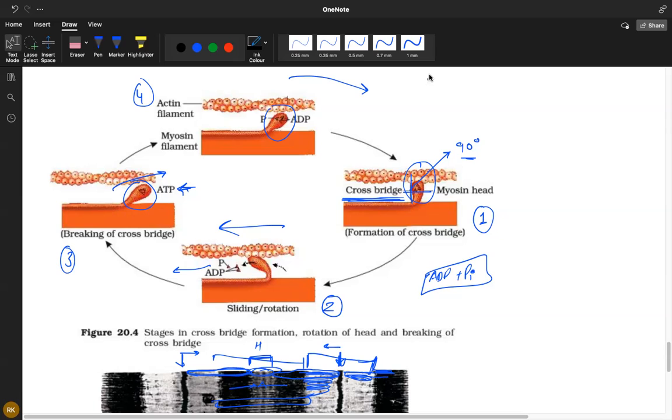No calcium ion will bind to troponin, and then troponin can go back and bind to the actin filament, right? Yes, sir. And when it is bound, myosin cannot bind. So there will be no cross bridge formation, no sliding, no contraction, no relaxation, and no movement at all.